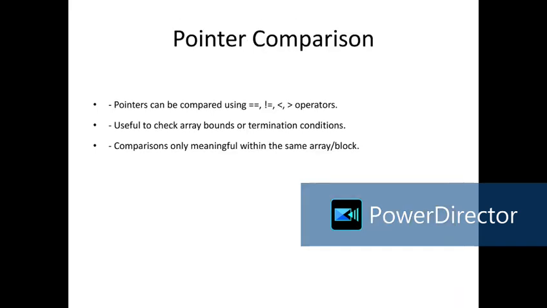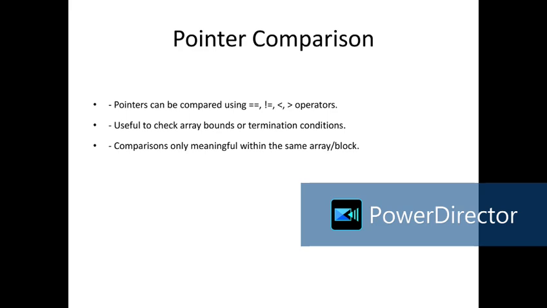Pointer comparison. Pointers can be compared using equal, not equal, greater than, less than, greater than or equal, and less than or equal, but only if the pointers belong to the same memory block, usually the same array.